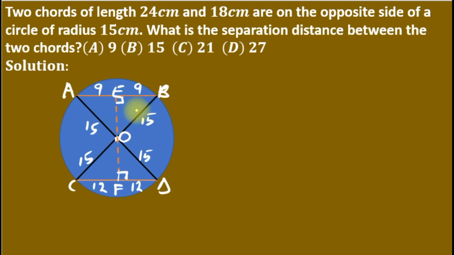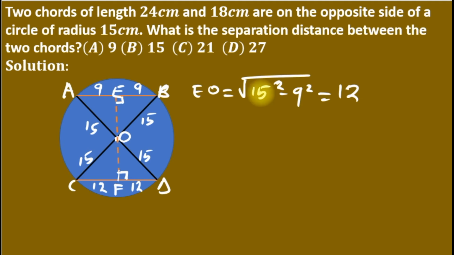So as you can see from triangle AEB, EO is, from the Pythagorean theorem, square root of 15 squared minus 9 squared, which is 12. For this, 225 minus 81 is 144, square root is 12. Again from triangle OFD, OF is also square root of 15 squared minus 12 squared.